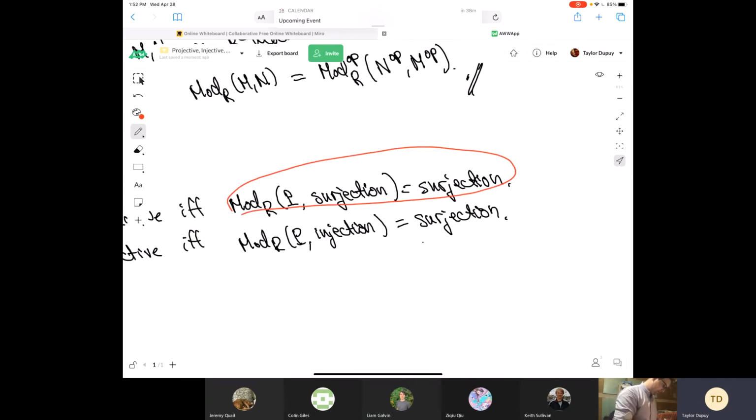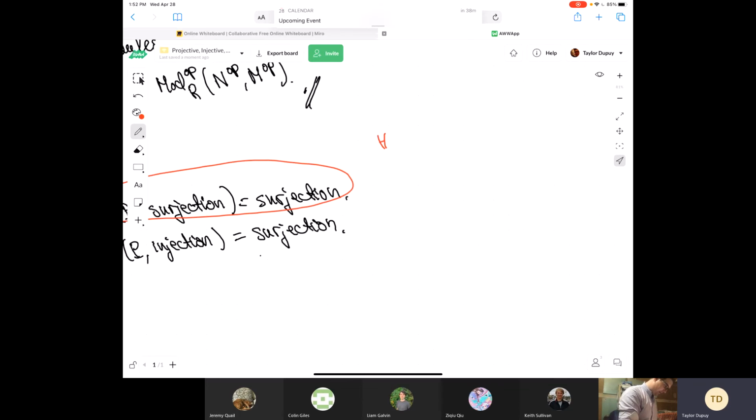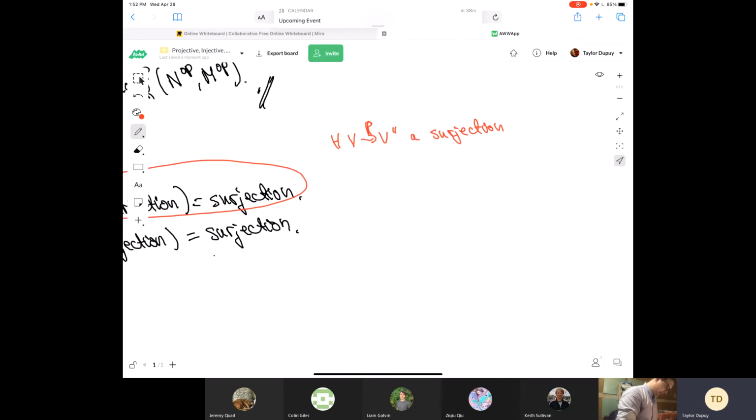This notation means: for all, let's say, V to V'' a surjection, then the map Hom_R(P, V) to Hom_R(P, V''), oh man, I did too many P's.